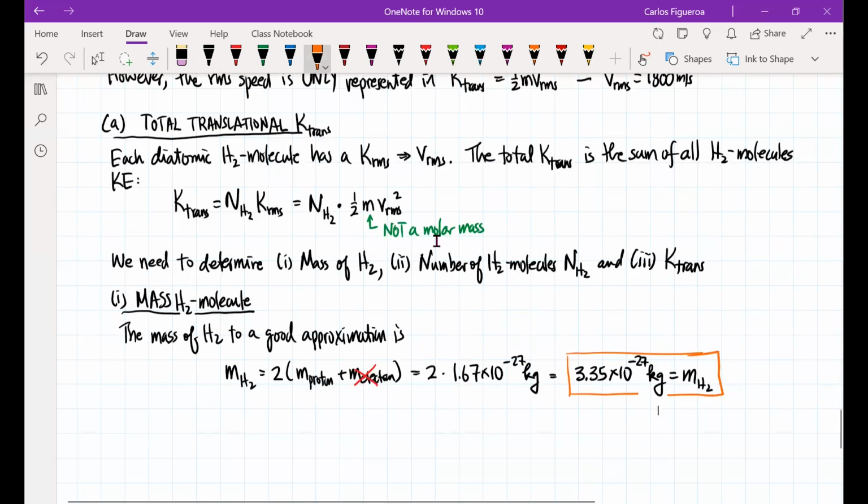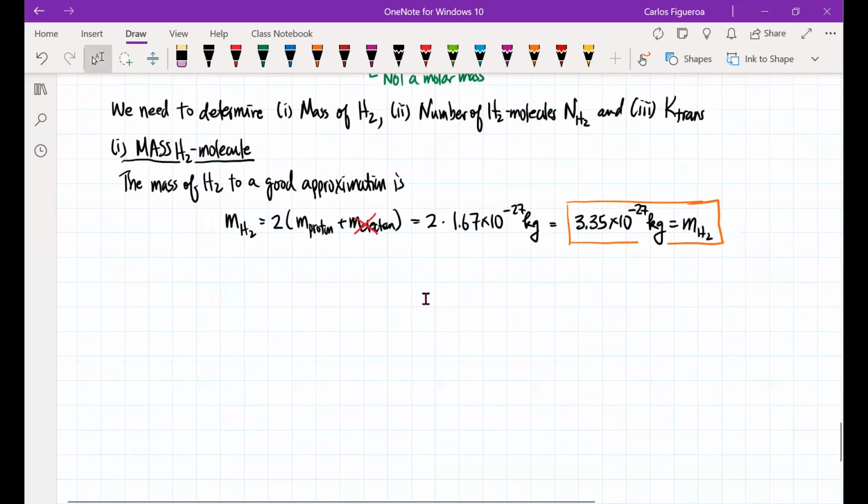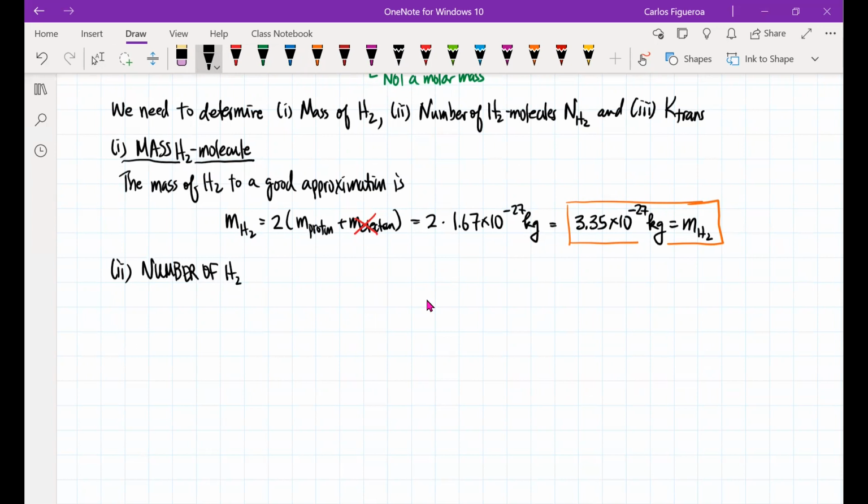Now that I have that, the next thing I got to calculate is the number of hydrogen molecules, N H2.